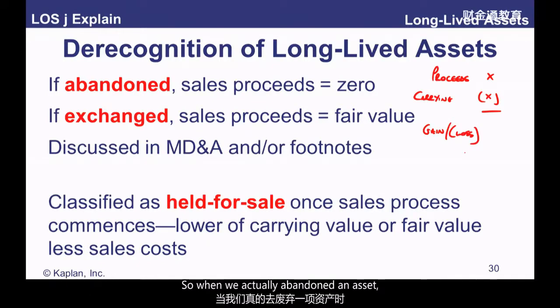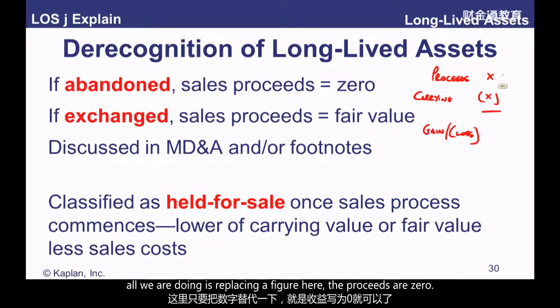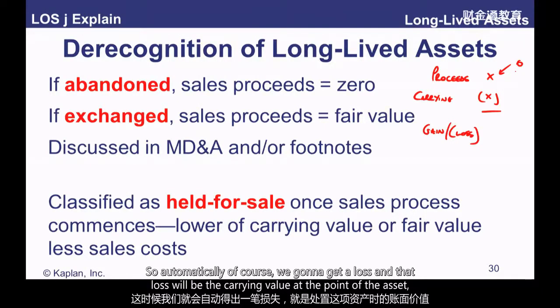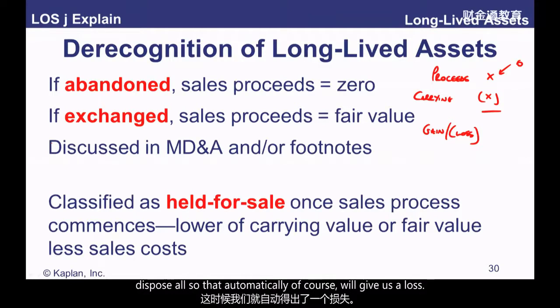So when we actually abandon an asset, all we're doing is replacing this figure here, the proceeds, with zero. So automatically, of course, we're going to get a loss. And that loss will simply be the carrying value at the point that the asset is disposed of. So that automatically, of course, would give us a loss.